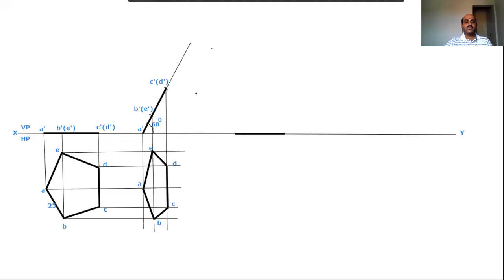So CD, this point will be C for you. No, this is D, I'm sorry, this is D. And this point will be C. First you measure CD and mark D, and then draw the line of length equal to CD.